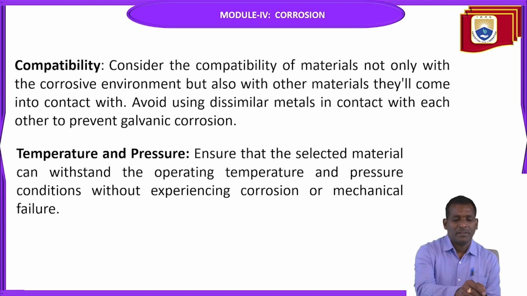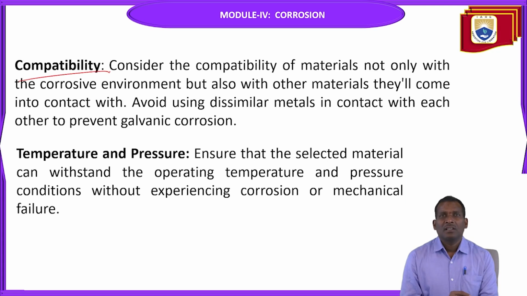Next, compatibility. Consider the compatibility of materials, not only with the corrosive environment, but also with other materials they will come into contact with. Whenever two surfaces are in contact with each other, there will be wear and friction. Some lubrication is also required to reduce wear and friction.